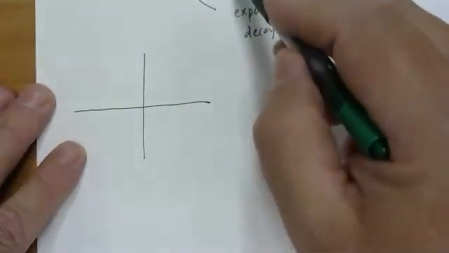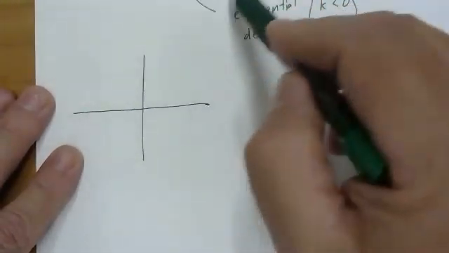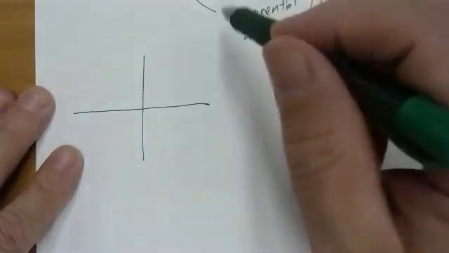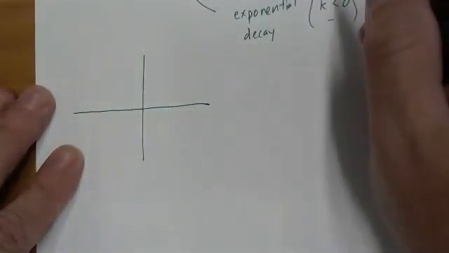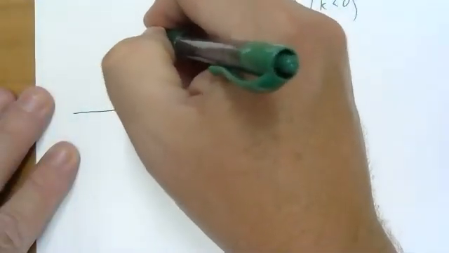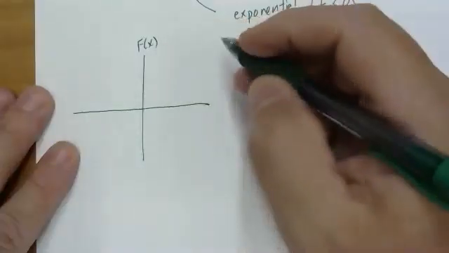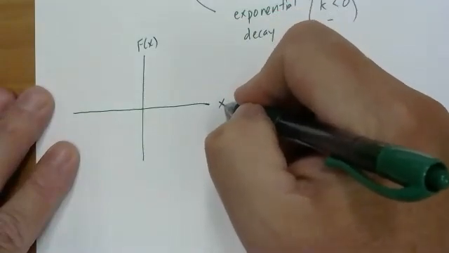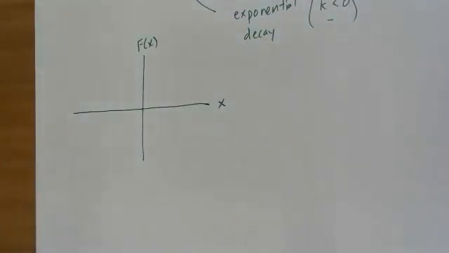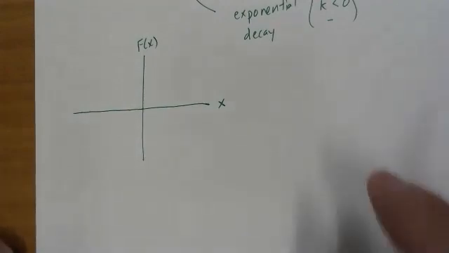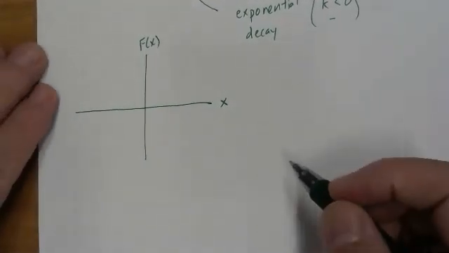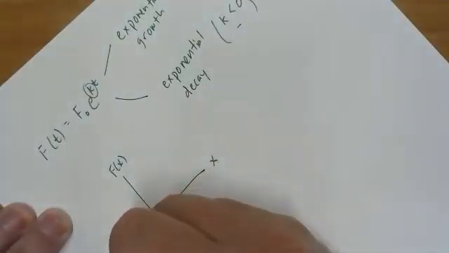In most of the problems we're going to deal with, you start at time 0 and time is always positive. But just for fun, I'm going to graph f of x instead of time, using the variable x. So theoretically, x can be positive or negative. But anyways, here's what an exponential growth graph looks like.